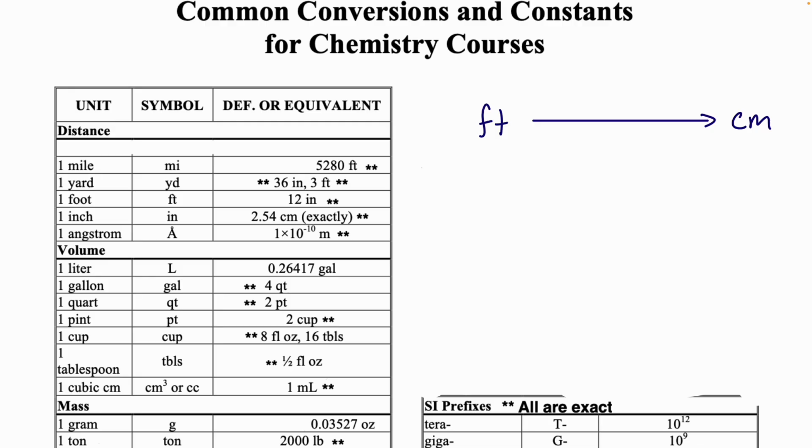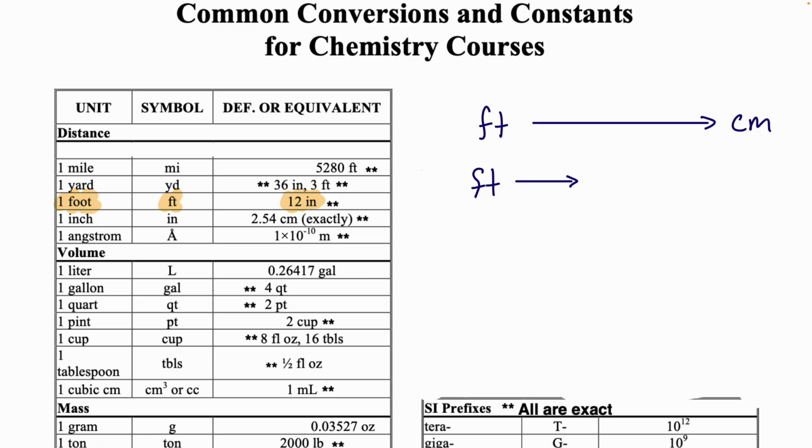Instead, I'm going to have to chain together multiple conversion factors. What we've got to do is find a path through these units that will take us from feet to centimeters. Does anybody see how we could get there? Starting in feet, what could we jump to next? We could jump to inches. I have 1 foot is equal to 12 inches exactly.